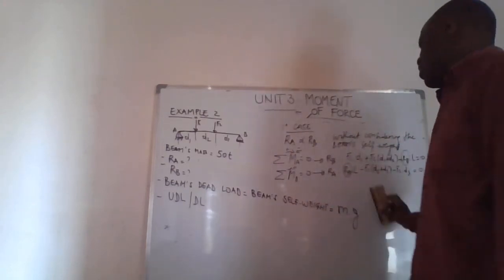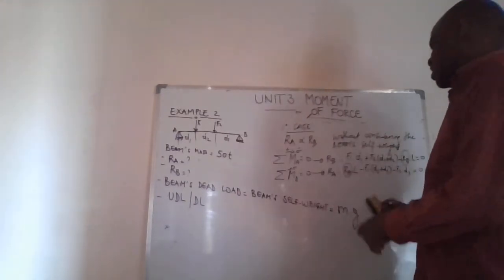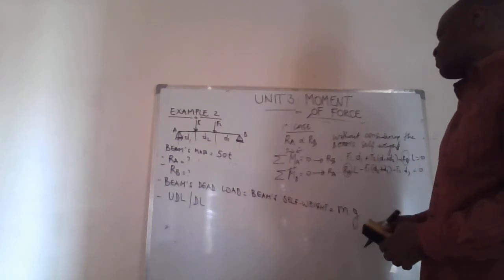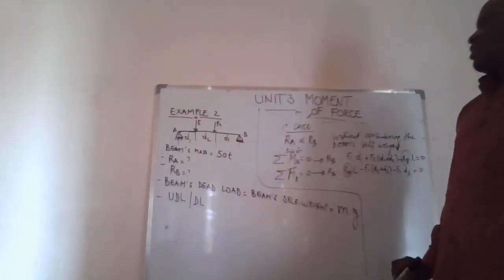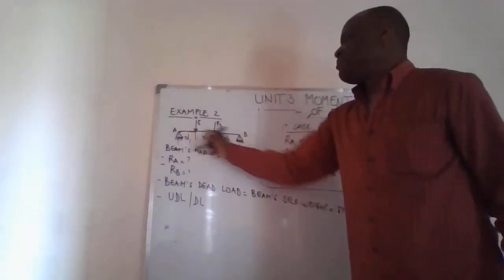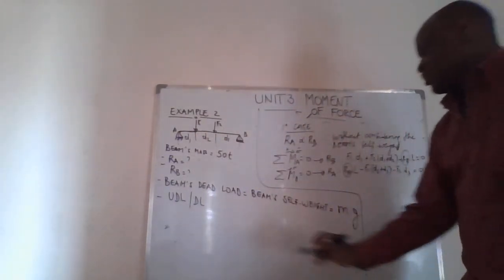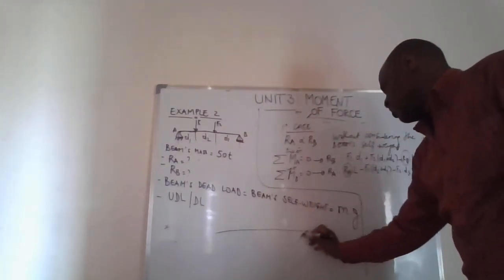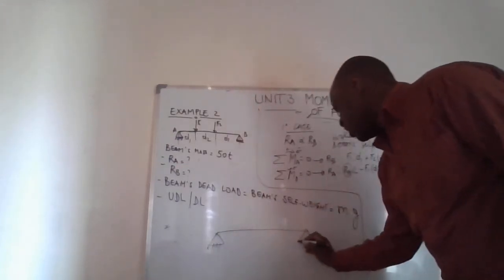But now, when it comes to calculating the reactions, let's take the second case. If we are requested to get the reactions taking into consideration the beam's self-weight, what is it going to be? The first thing, let's check our free body diagram. We always need to redo our free body diagram in an appropriate way.